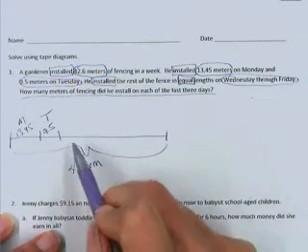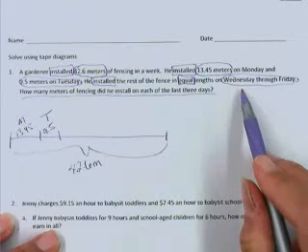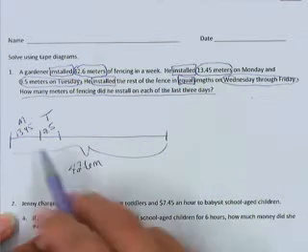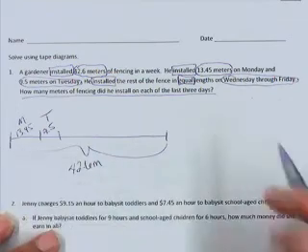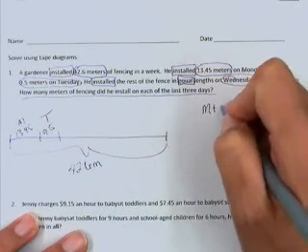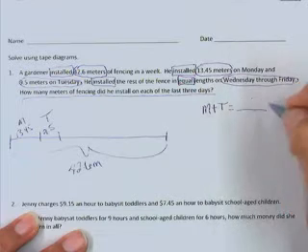We have to figure out how much the rest of this came to, which was Wednesday, Thursday, Friday. And so if we combine these 2, we can say that Monday plus Tuesday is equal to part of it. We're going to call that, let's say, A.